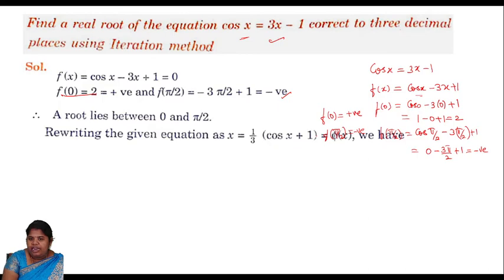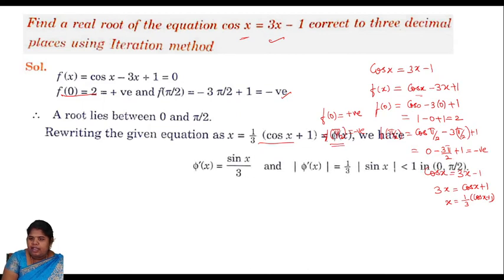Now we are going to rewrite the given equation in terms of phi of x. The given equation is cos x equal to 3x minus 1. So 3x is equal to cos x plus 1, or x is equal to 1 by 3 times cos x plus 1, which is our phi of x. Now we have to find phi dash of x. Differentiating phi of x, we get 1 by 3 constant, the differentiation of cos x is minus sin x, and the differentiation of plus 1 is 0.